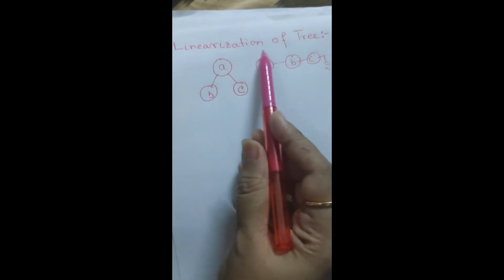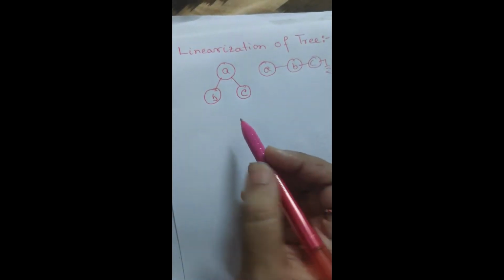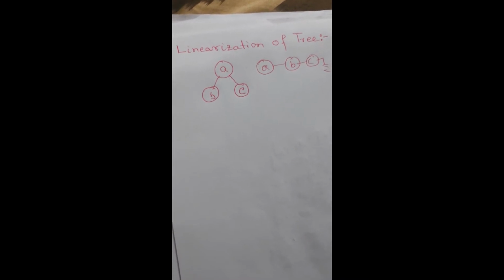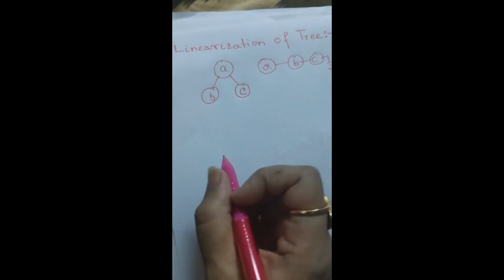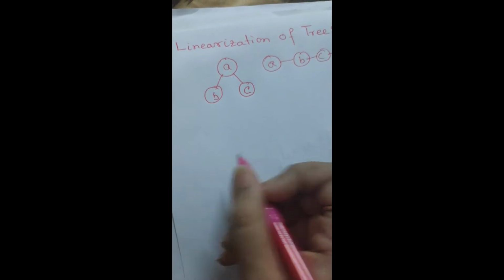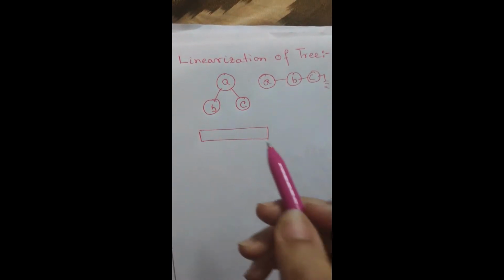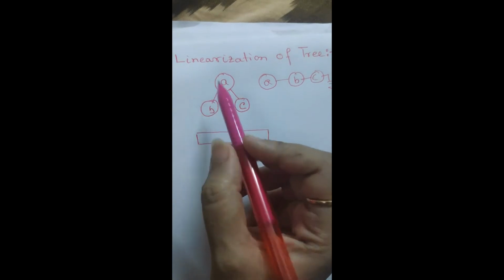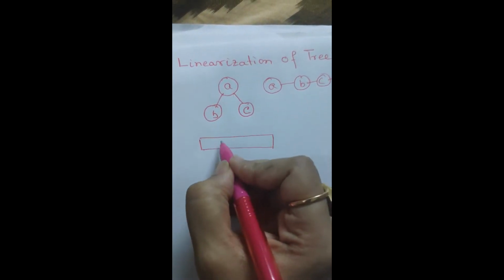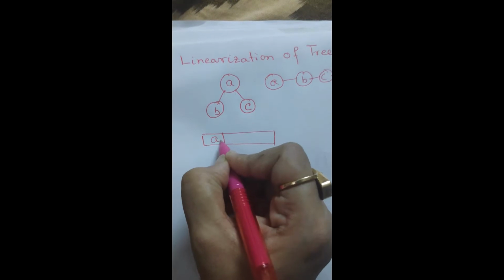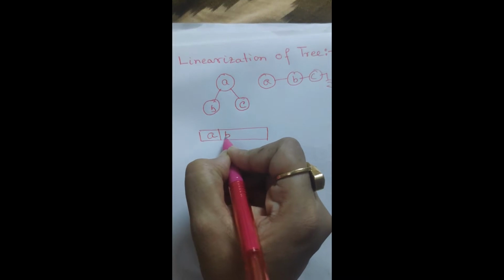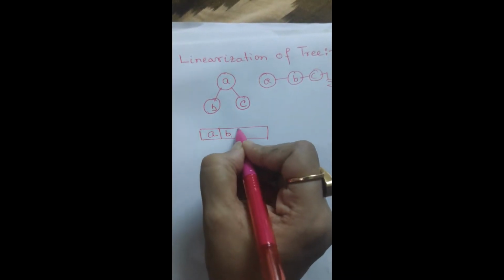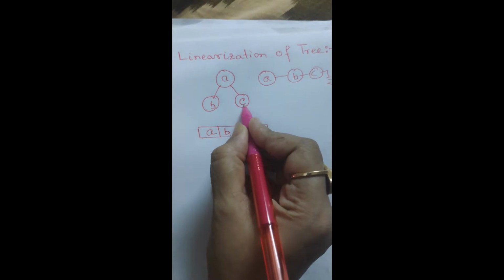Now when we are talking about linearization of the tree structure, then we are actually trying to understand how we can represent this tree using an array. Now when we are representing a tree using array, first we store the root node, then according to the convention we store the left child, then we store the right child.